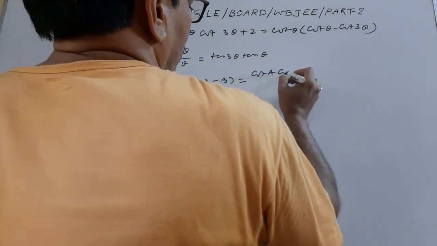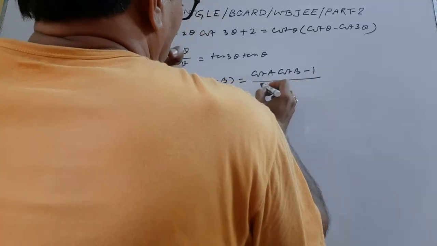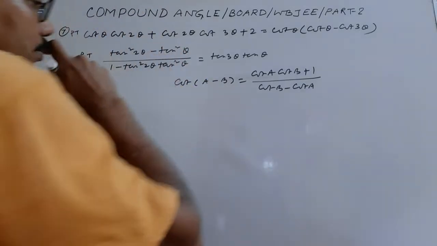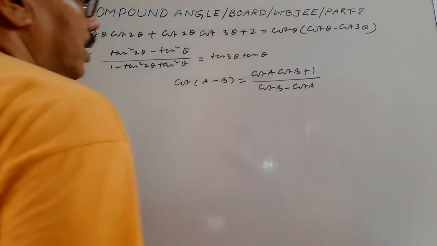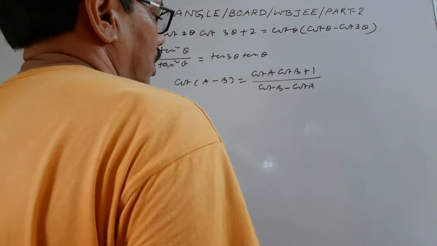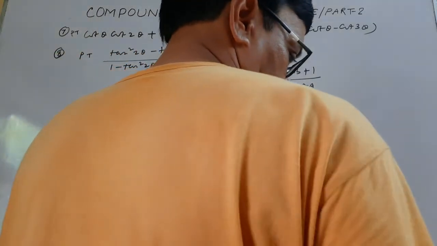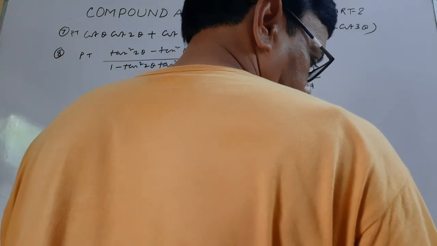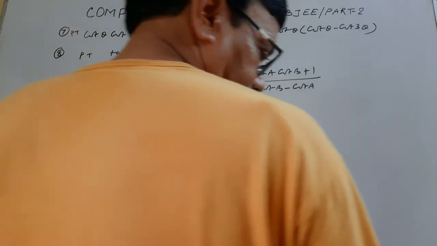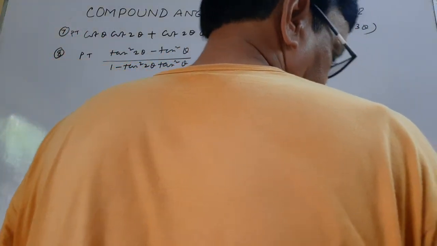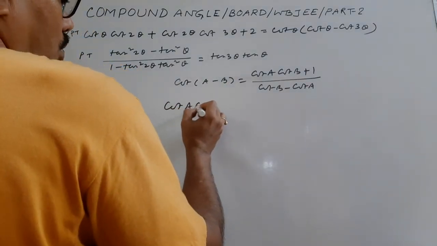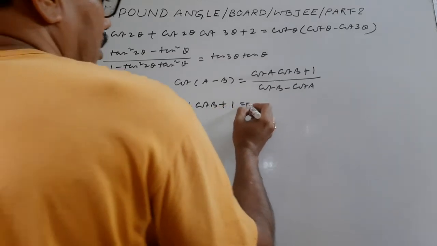So cot A cot B plus 1 over cot B minus cot A. So what is cot A cot B plus 1?